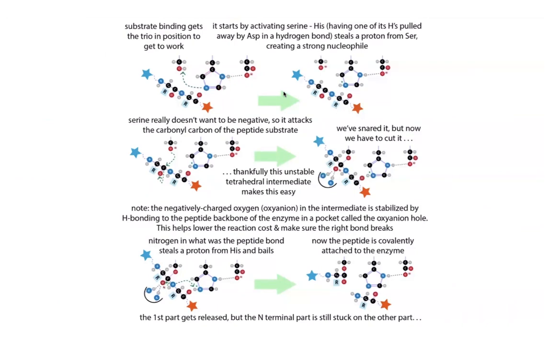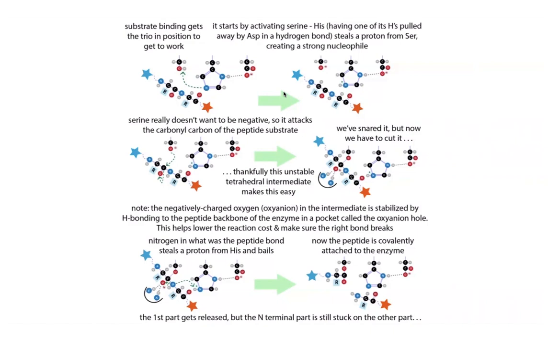You wouldn't want things to be activated, always on all the time. Instead, you only want to activate it when a substrate binds. So when the right substrate binds, it's going to fit nicely in the pocket of that enzyme. And the enzyme, remember, what's it going to stabilize? It wants to stabilize the transition state.